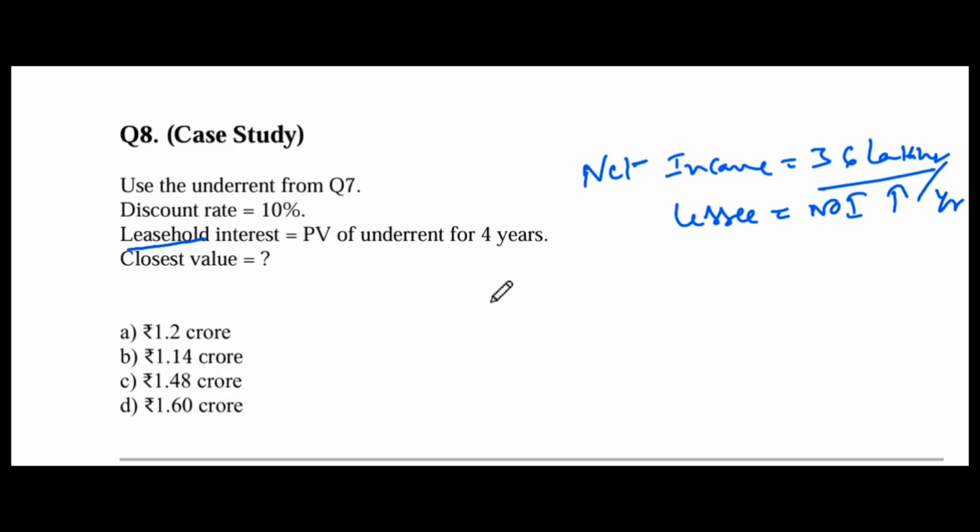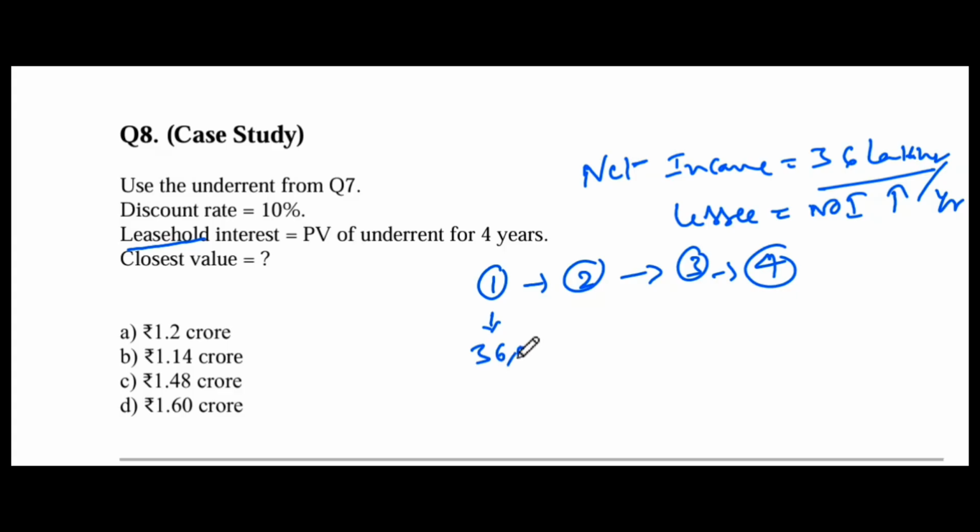Now the question is PV of under rent for 4 years. So this is first year, second year, third year and fourth year. For 4 years, every year annually he will get 36 lakhs rupees per year, right? Every year like this.